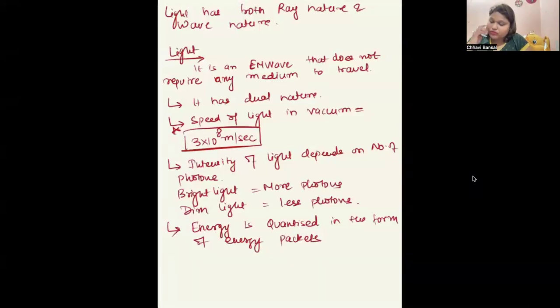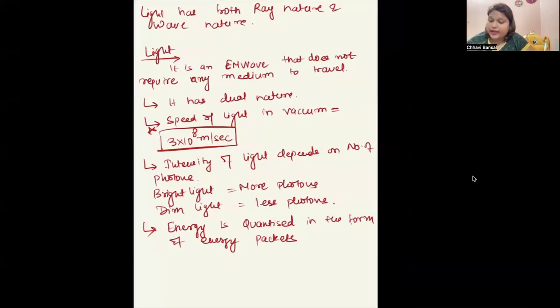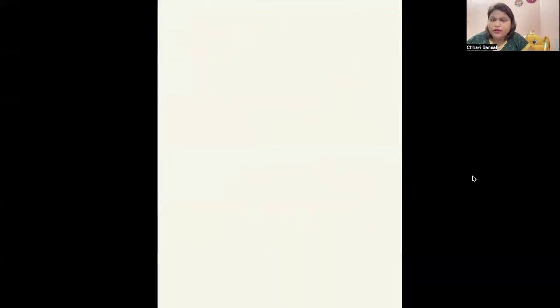Okay. Now, what happens to a light if it falls on a surface of another medium? What do I mean? For example, this is medium 1. This is medium 2. For example, medium 1 is air, medium 2 is glass.